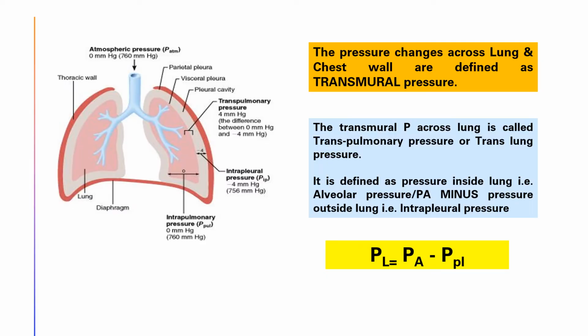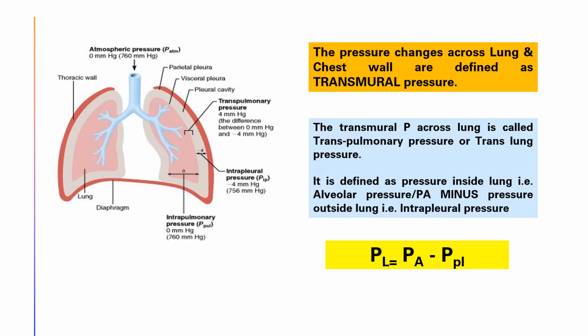Now the pressure changes across the lung and the chest wall are defined as the transmural pressure. The transmural pressure across the lung is also known as transpulmonary pressure or trans-lung pressure. How can we express it? Transpulmonary pressure is nothing but the difference between the pressure inside the lung and the pressure outside the lung.